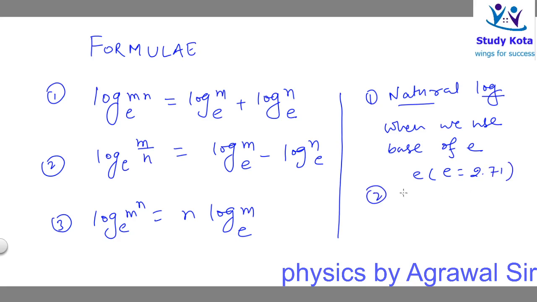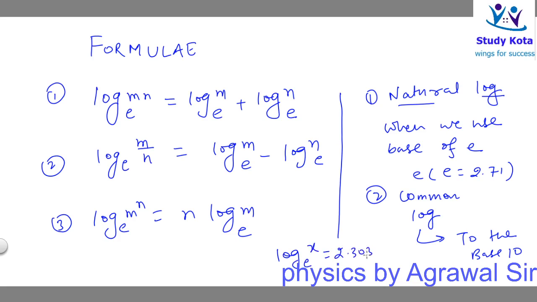Second one is common logarithm. Common log to the base 10 we use in that. Okay. So what is the relation between natural and common? It's like that. You can say log of x to the base e must be 2.303 log of x to the base 10.